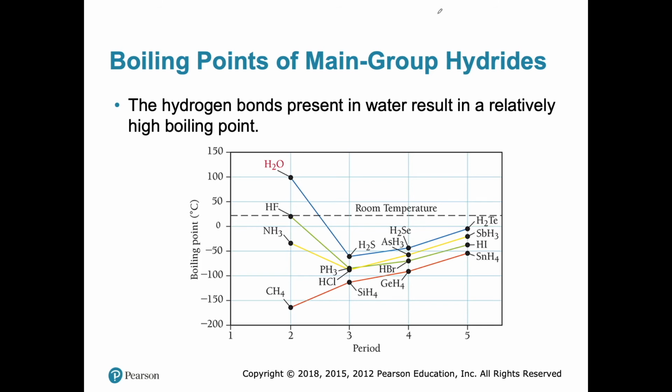Hydrogen sulfide gas is what makes your fart smell and what you smell when you have a gas leak in your house. Its boiling point is less than freezing point, but water is up here. So there's something very special about the hydrogen bonding with water. Does that make sense? Water is special.